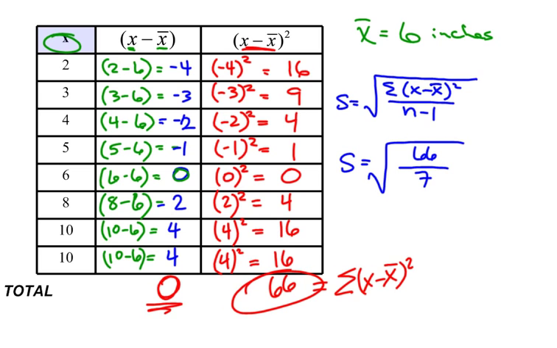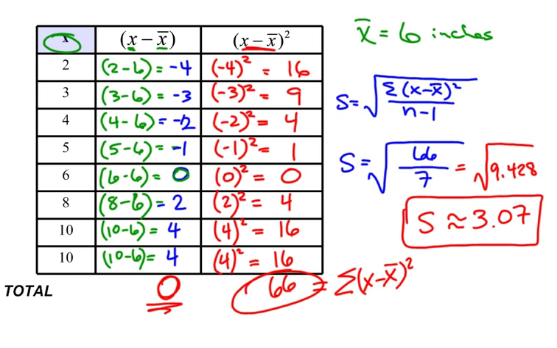And with some calculations, we will find that 66 over 7 is around 9.428, something or other, which is fine. We'll use that and take the square root. So the square root of that is going to tell us that S is approximately 3.07.